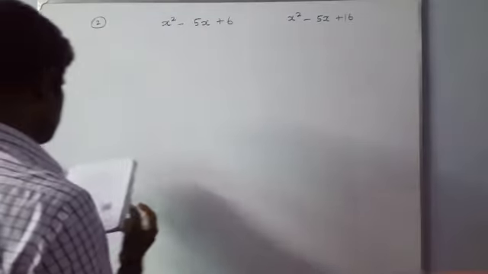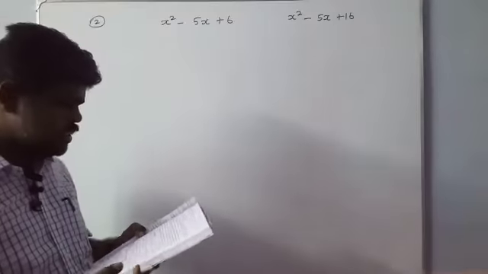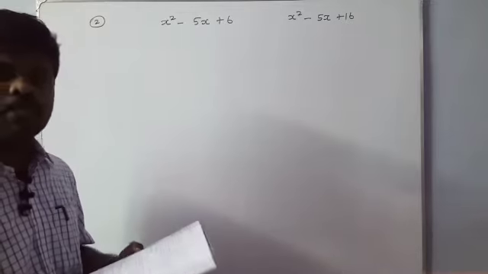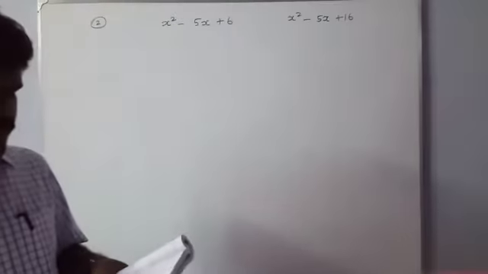Also draw a rough sketch of the graph. First, once again, discuss the maximum possible number of positive and negative zeros. Zeros means roots.